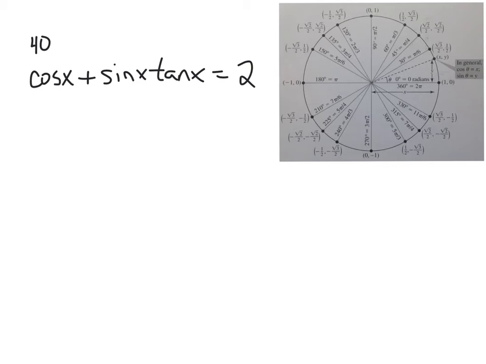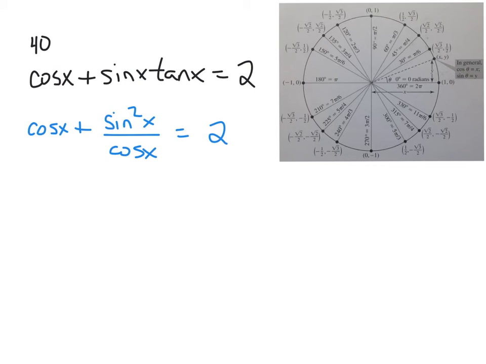So the thing I think here would be to see if we can combine these two in some way, and so that's what I'm going to try. We're going to leave this one alone for a second. And since tangent is sine over cosine, we can rewrite this as sine squared of x over cosine.